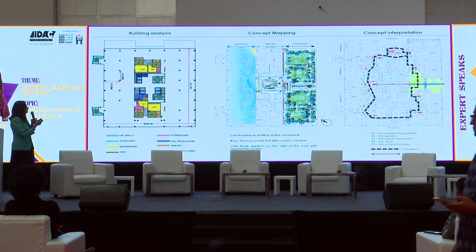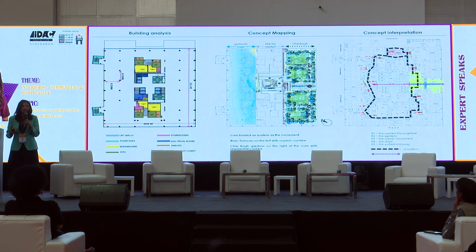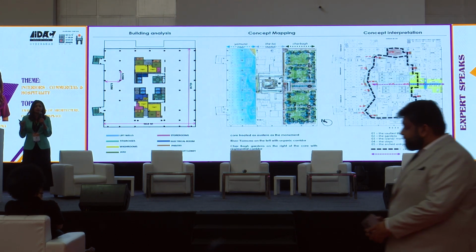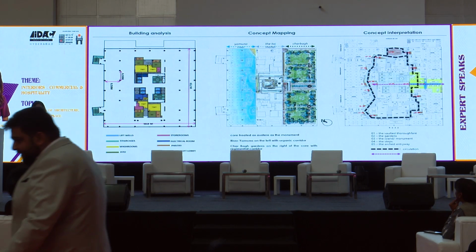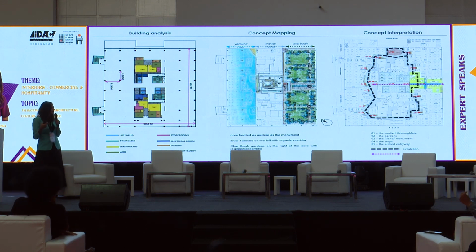So what you see here is the concept mapping, where we had the central core of the building, which we took as the monument. The Taj is not just the magnificent architecture of the monument itself, but also the neighborhood it has. It has the river Yamuna to its north, and the Charbagh Gardens to its south.